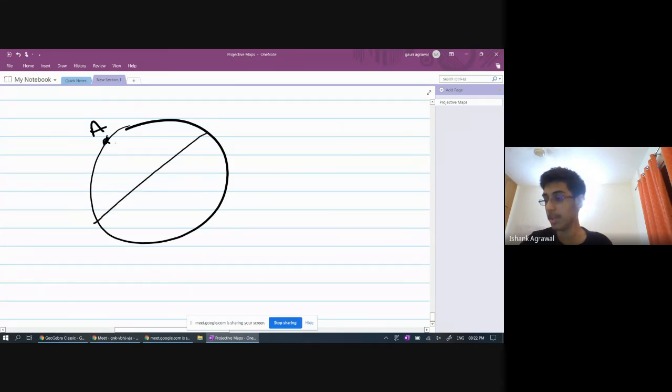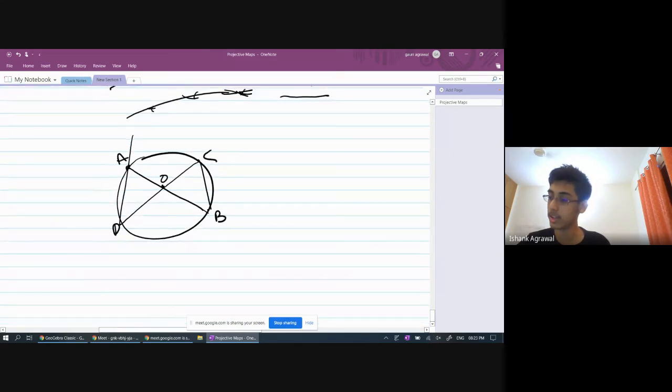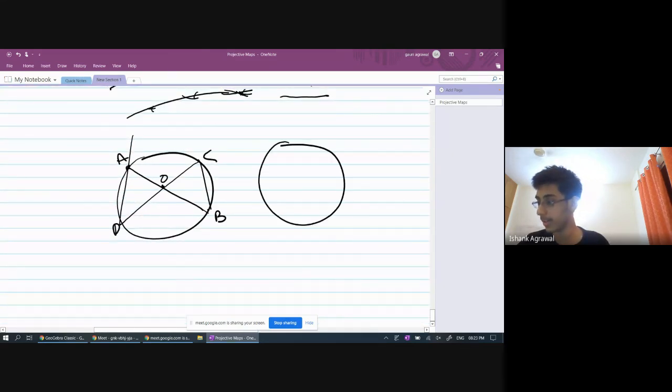So, does anybody know about this statement? If you take a fixed point O inside a circle, take any two chords going through it, then the intersection, I'm going to take a better diagram.